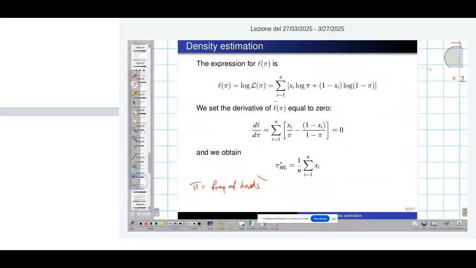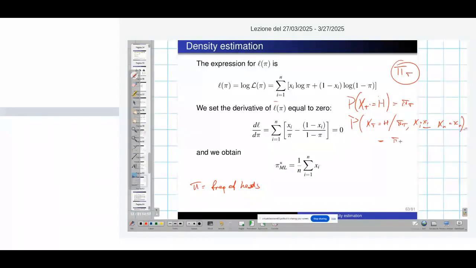Now the frequentist view says that there is a true pi t, that if we knew it, then we can say that the probability that the next toss is head is pi t, and that this does not depend on the previous observations.